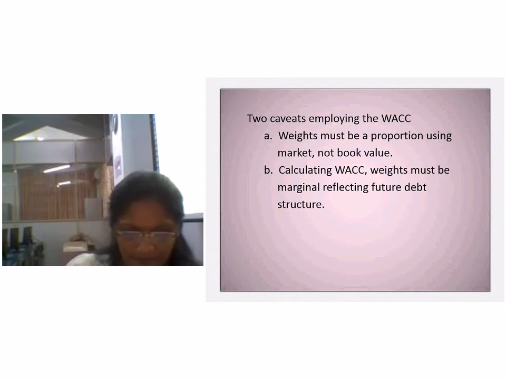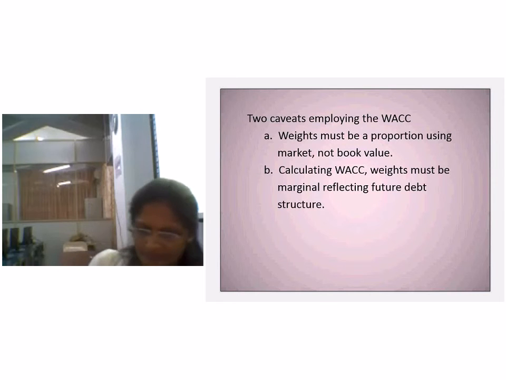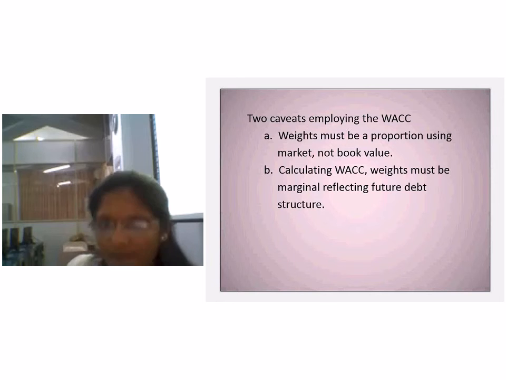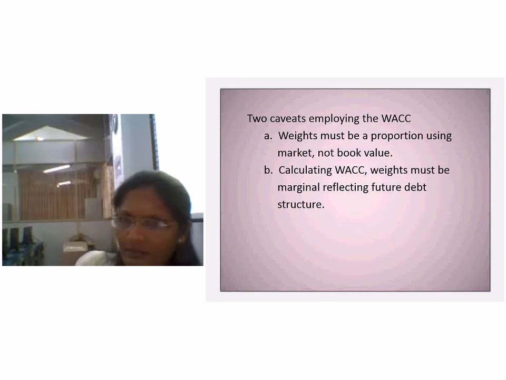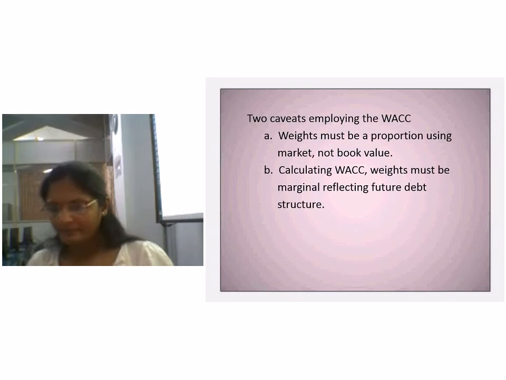Calculating WACC, weights must be marginal, reflecting future debt structure. Again, we have to consider the capital structure of the firm. When we calculate the WACC, we have to decide the weights based on the capital structure of the firm. What is the meaning of that?